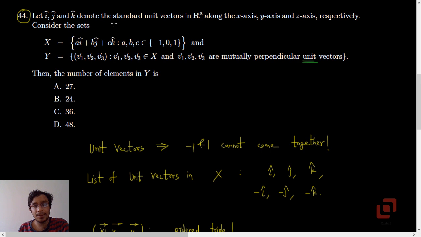Let i cap, j cap and k cap denote the standard unit vectors in R3 along the x, y and the z axis respectively.